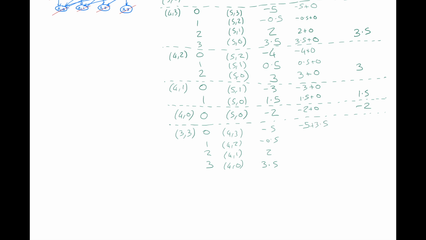Similarly for the rest, going to state 4-2, the action will give us a reward of -0.5, but we end up in state 4-2, which has a value of 3. Now the largest value there is 2 plus 1.5, giving a value of 3.5.